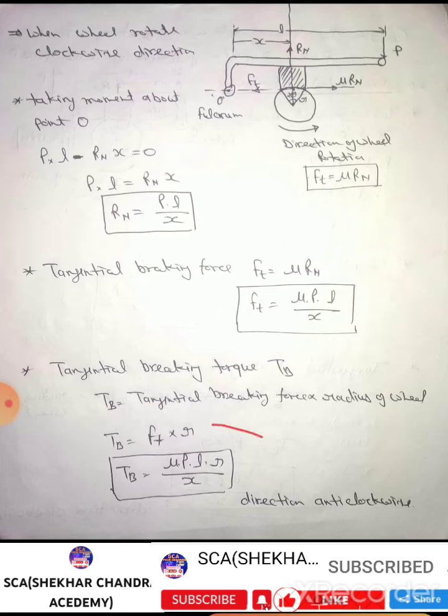So Tb, tangential braking torque, is mu into P into L into R upon x.